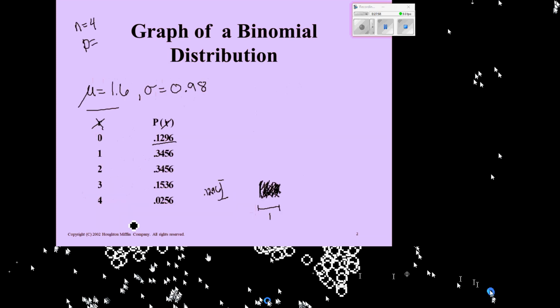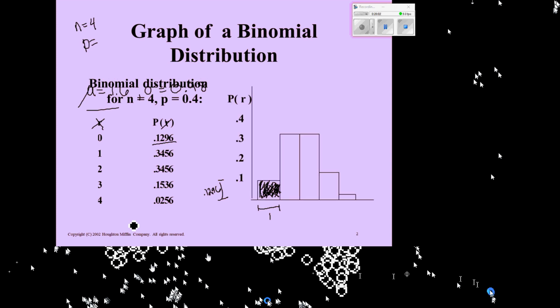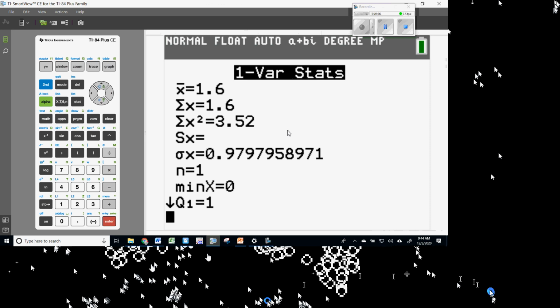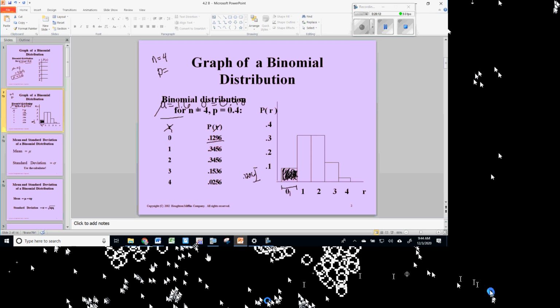That's the same thing we got when we typed it in our calculator and got 1.6. So when you have these probability distributions, you can type them into your calculator, or if you know it's binomial, it's just N times P, which makes sense.